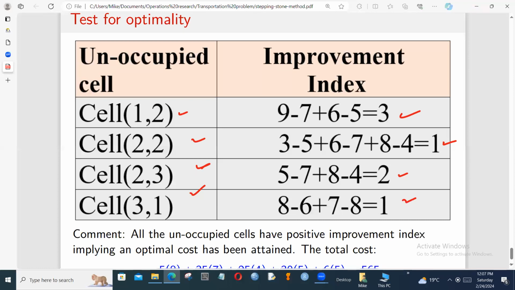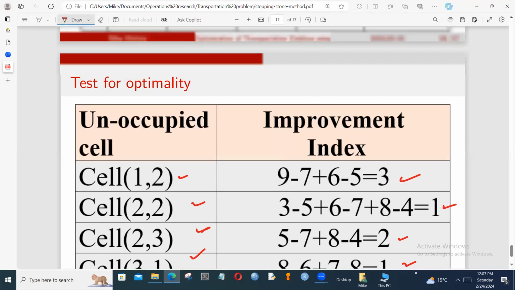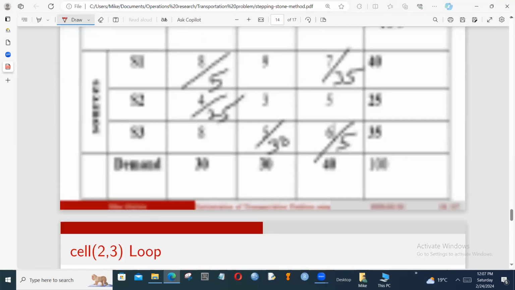That means the new restructured table is the optimal table and can give us the optimal cost of transporting the goods from the sources to the destinations. So that's the final table.